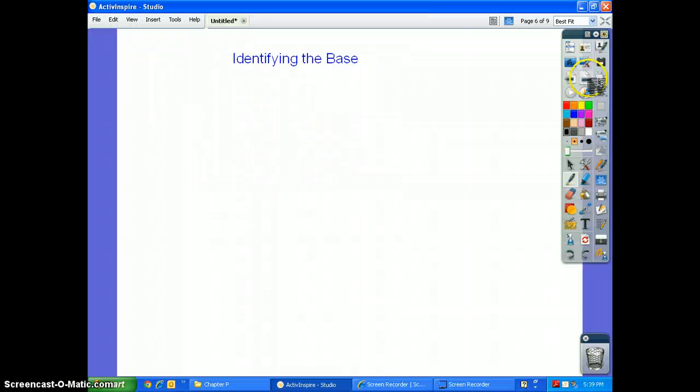Problem number 6 happens to be number 43 in your textbook. Problem number 6, we're identifying the base. So this problem happens to be negative 5 squared.